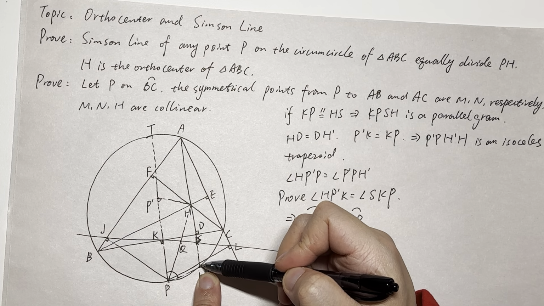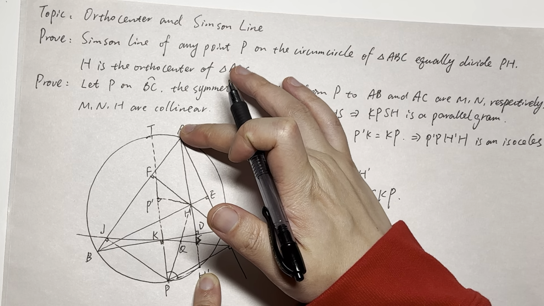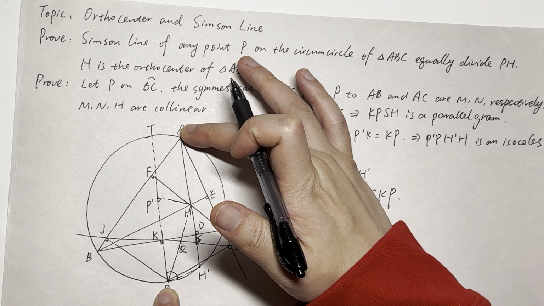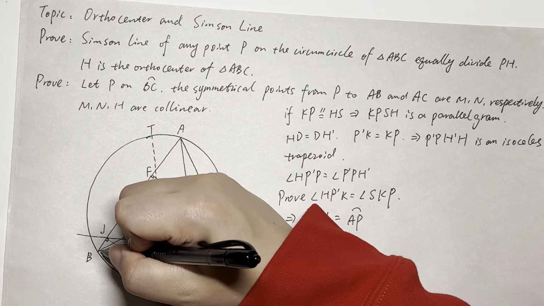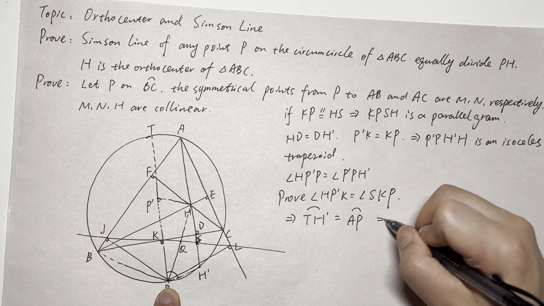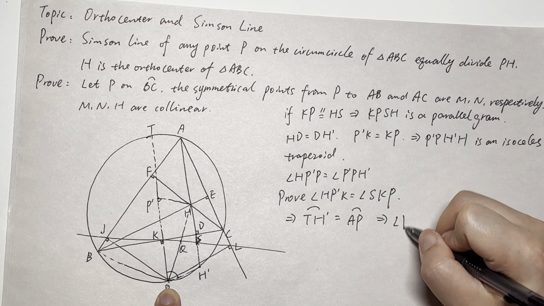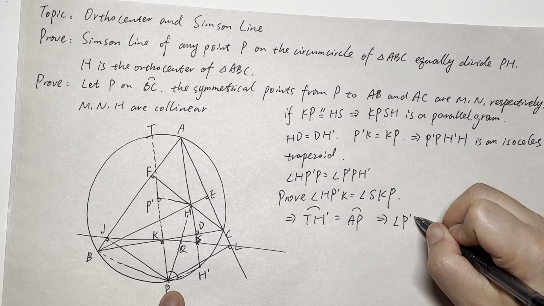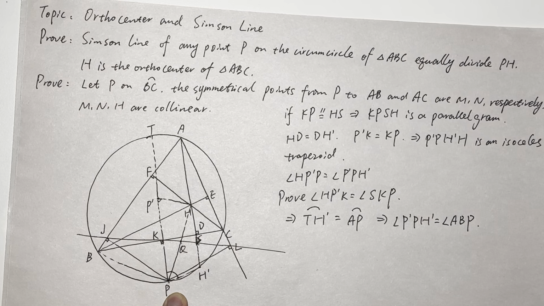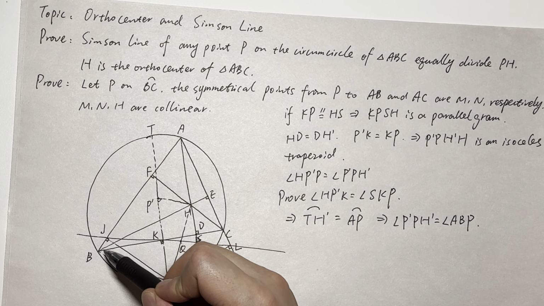So that means this angle equals any angle referenced to arc AP, which can be easily defined as angle ABP, right? So we know that angle P prime PH prime equals angle ABP, right? This one equals this one.